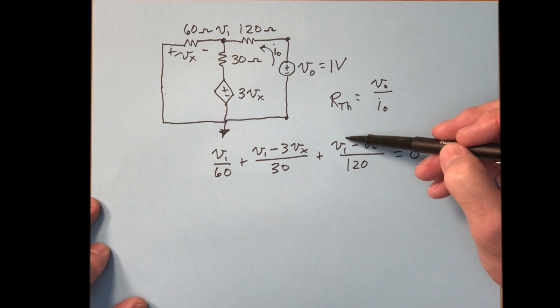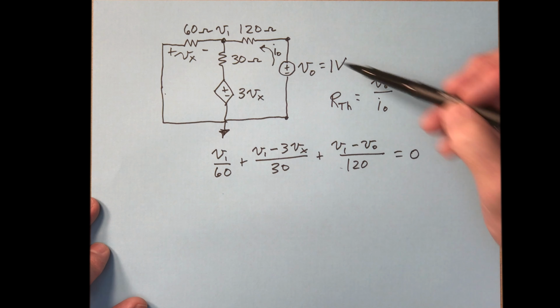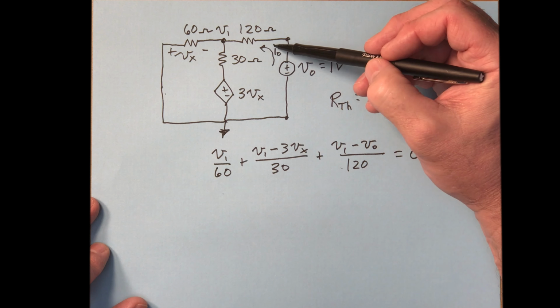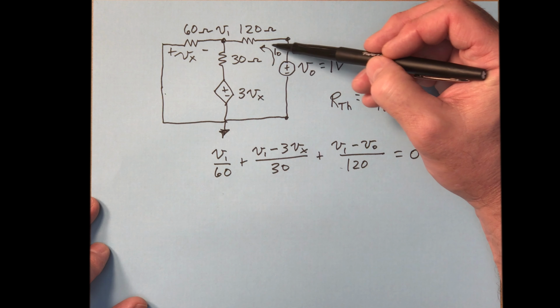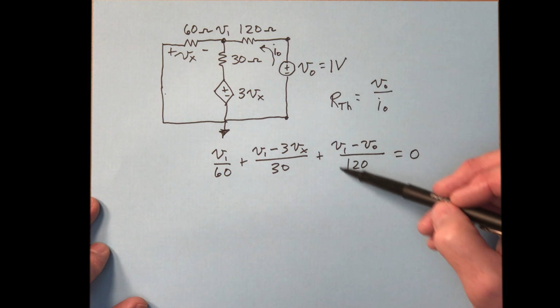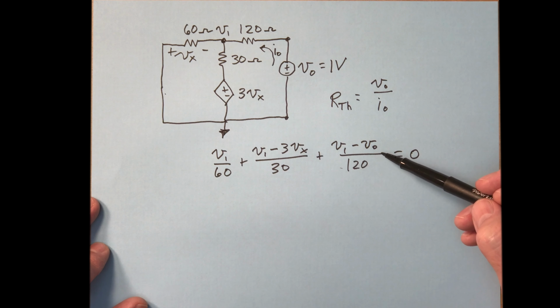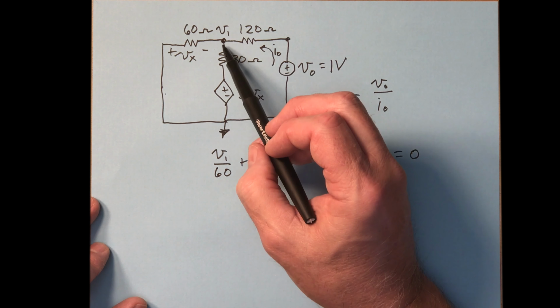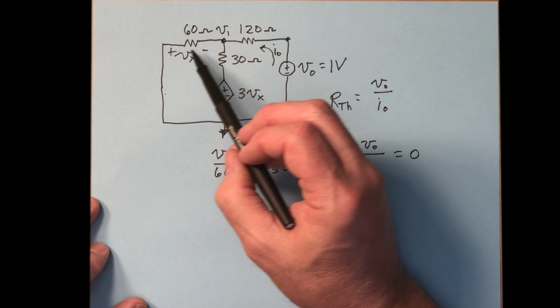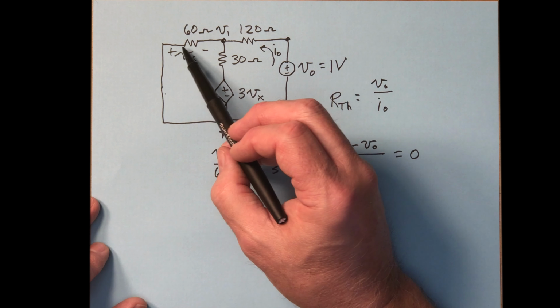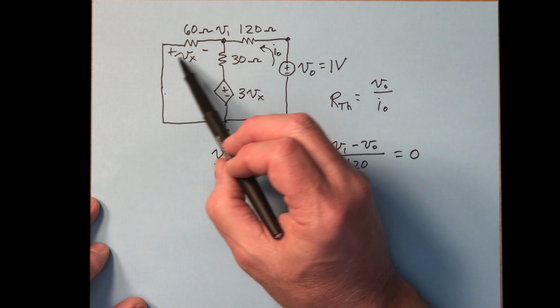All right, you can see that this last term right here is the current that's going to the right, so that's going to be negative I naught. So this term right here is negative I naught. You'll also notice that V1 here is the voltage across the 60 ohm in reverse.